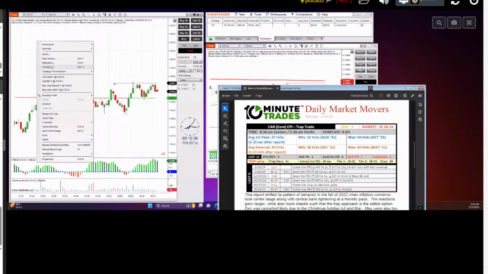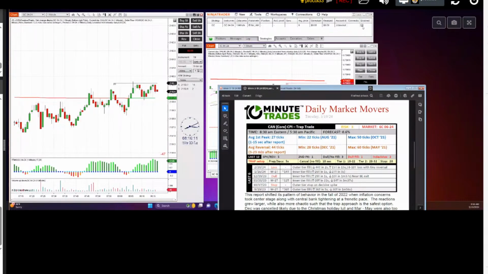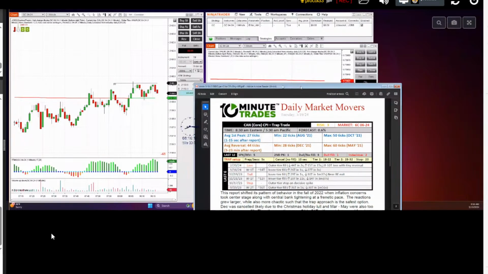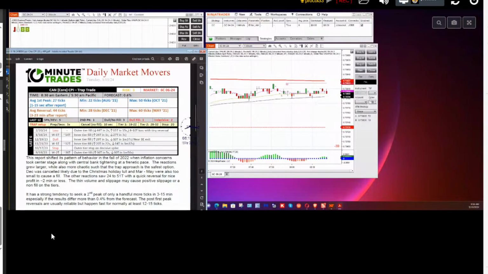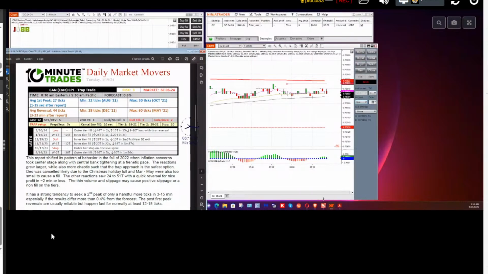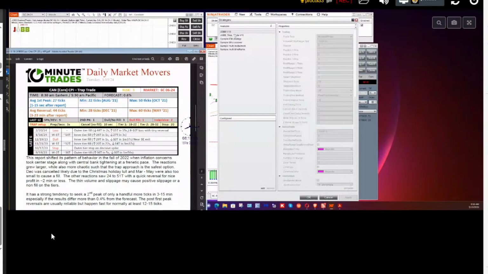That's been its history for quite a while. So I'll just do a sim on Canada CPI just to see how it's behaving. And it is a trap trade, all right? Canada CPI is a trap trade.